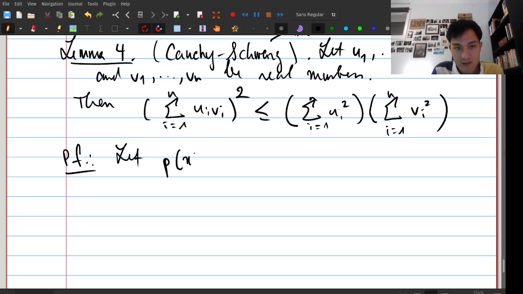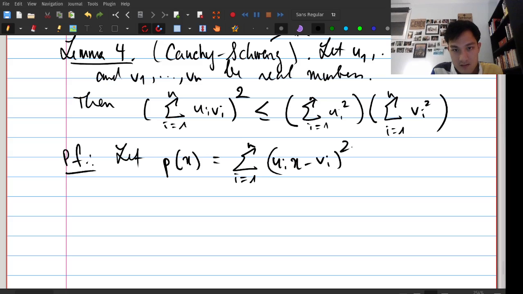So you consider this polynomial in x. It's equal to the sum from i equals 1 to n of (ui x minus vi) squared.